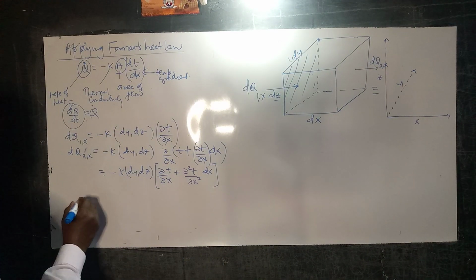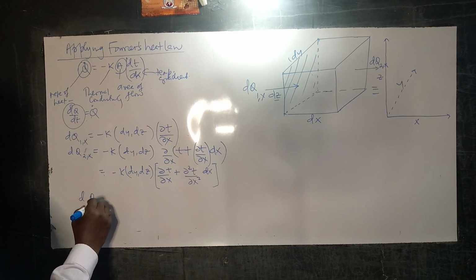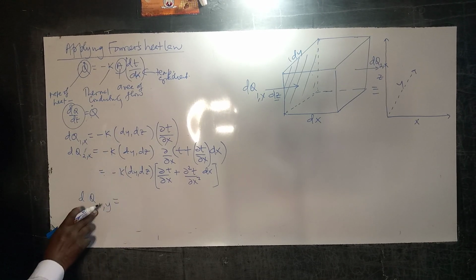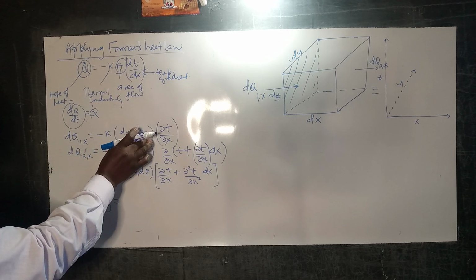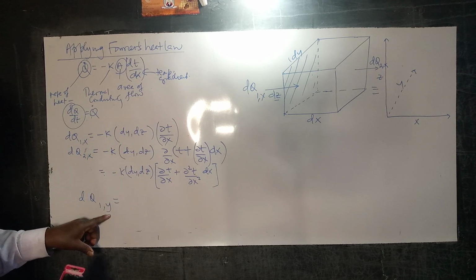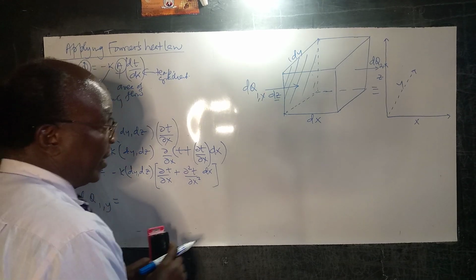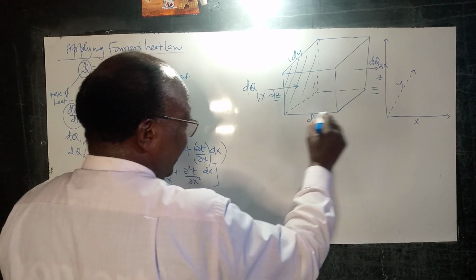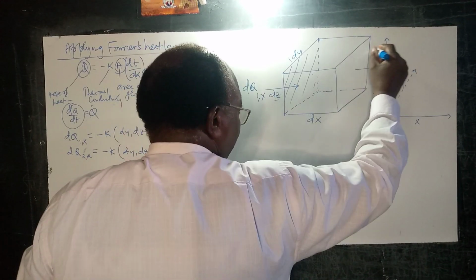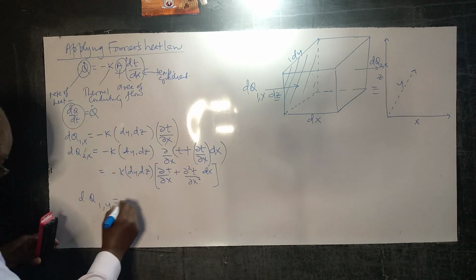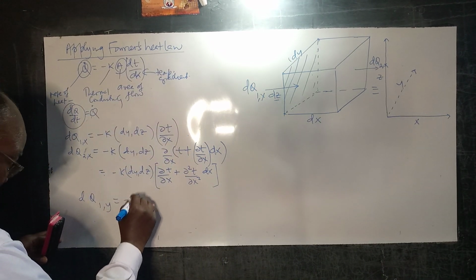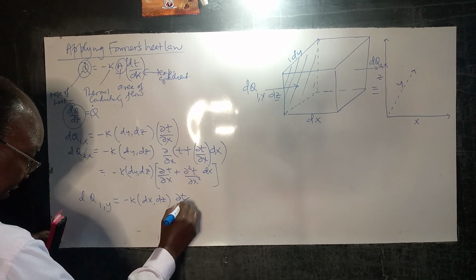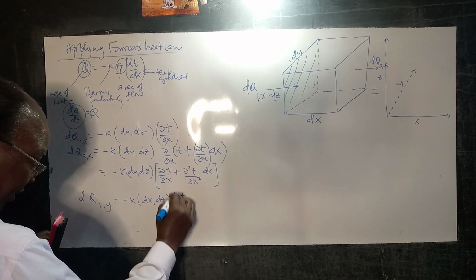So let us take the other one, dq1y along the y-axis. Like we have said for the x, we have that elementary area dy dz, so for the y we'll have dx dz. That is, we'll be dealing with this area here, dx dz. Now, the heat flowing in that direction is minus k dx dz del t del y, along y.